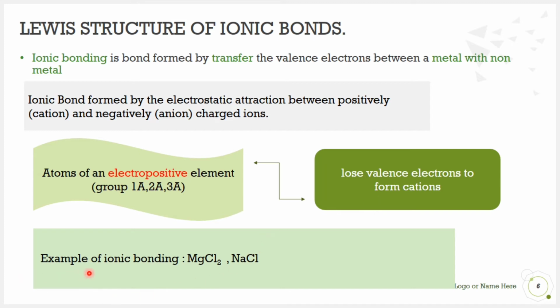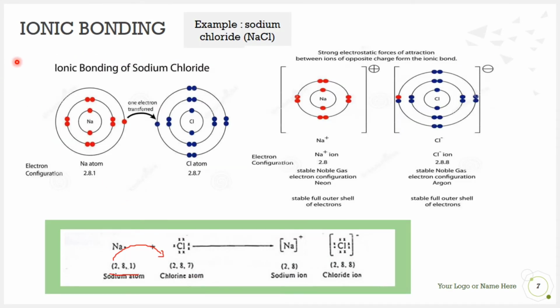There are examples of ionic bonding such as magnesium chloride and sodium chloride. This is an example of ionic bonding. I choose sodium chloride. The electron configuration of a sodium atom is 2, 8, 1.